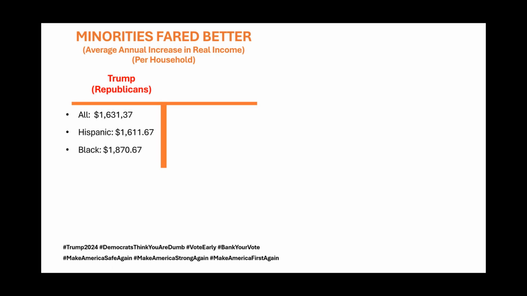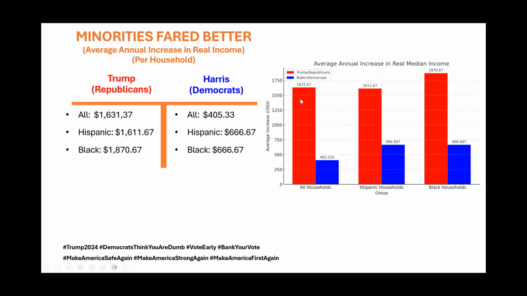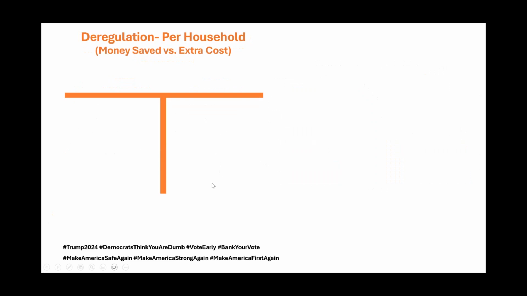This isn't a who's better, what color. If you look at all Americans, and we did break it down between Hispanics and Blacks, under Harris and the Democrats, it's a massive difference. And when we look at it here, under the Republicans, all households, Hispanic and Black households outperformed anything on the Democratic side in terms of increase in real income.